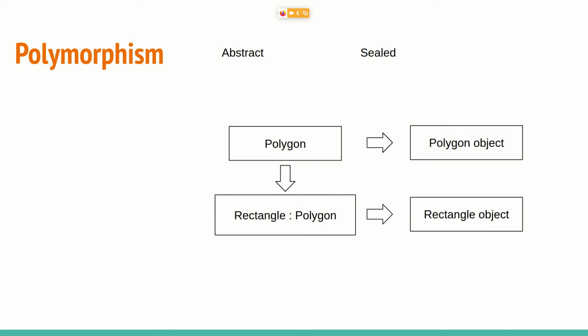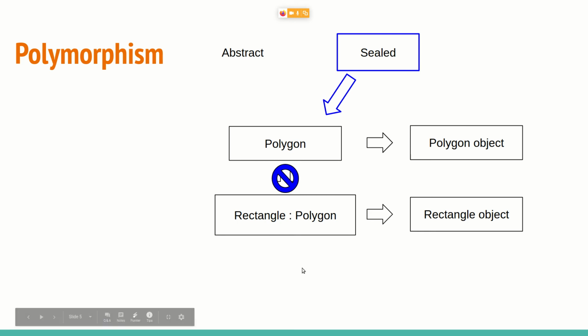Okay, so if I make polygon sealed, that means this relationship is now illegal. Okay, it's not allowed. Sealed means that you are no longer allowed to inherit from polygon. Likewise, if I made rectangle sealed, you wouldn't be allowed to inherit from rectangle.